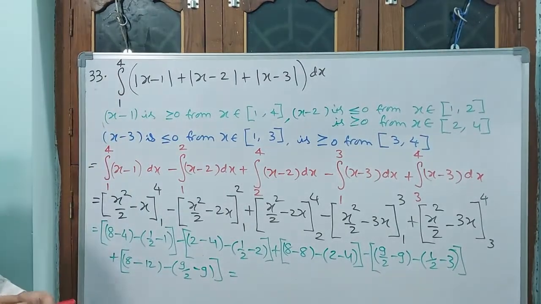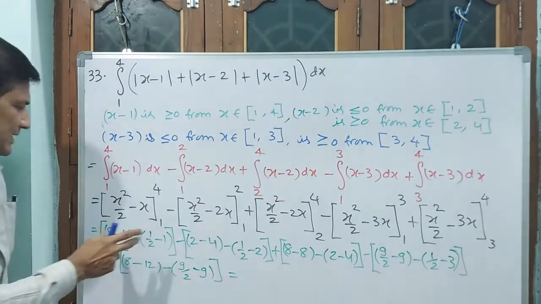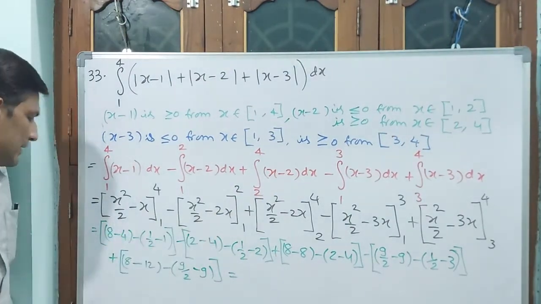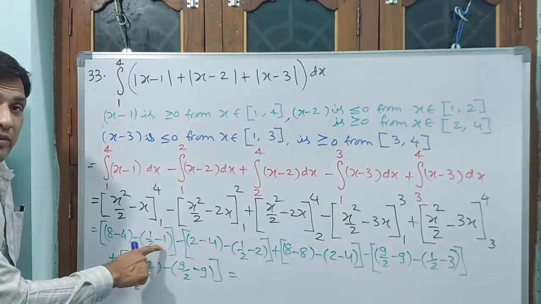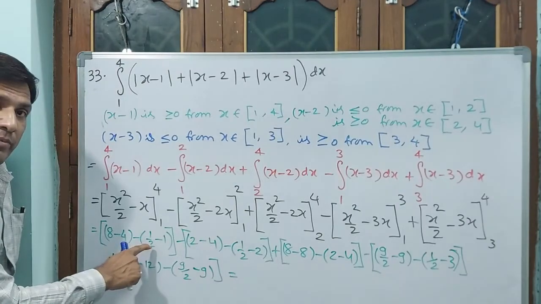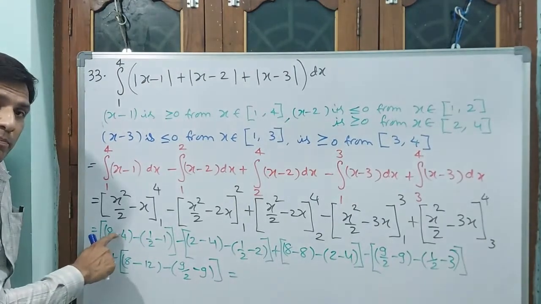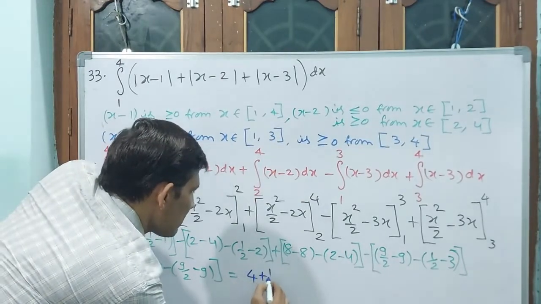Now proceed. What will be the answer? In one go we will write the answer. This one, 1, 2, 3, 4, 5. 8 minus 4 is 4. 1 by 2 minus 1 is minus 1 by 2. Minus of minus 1 by 2 is plus 1 by 2. That means 4 plus 1 by 2.